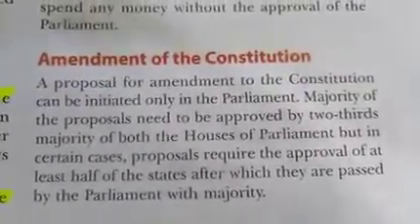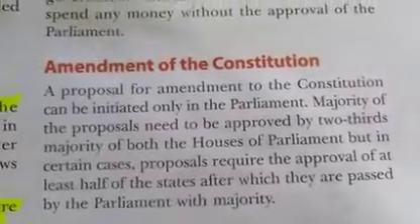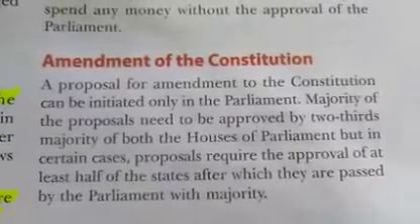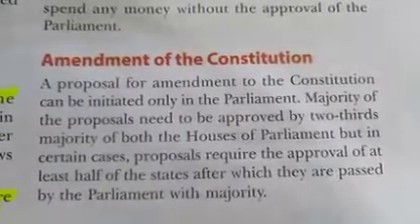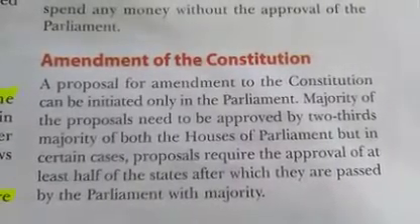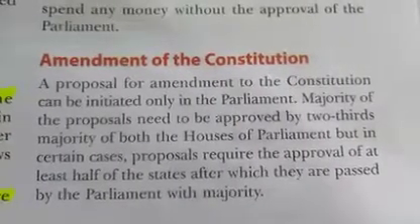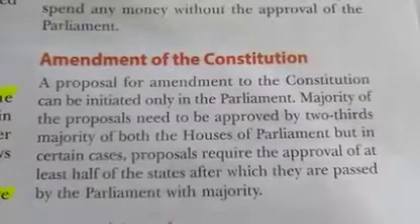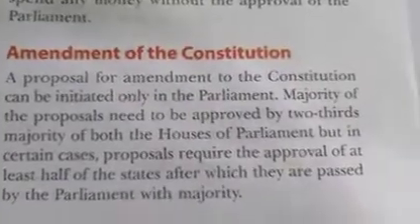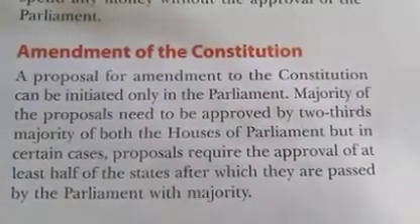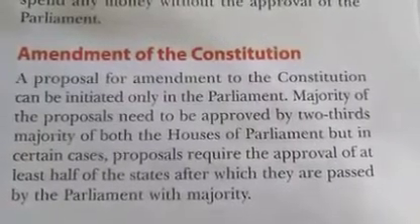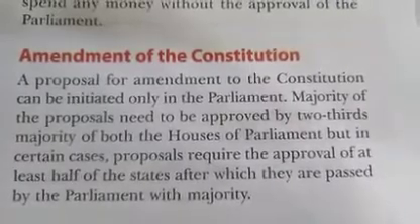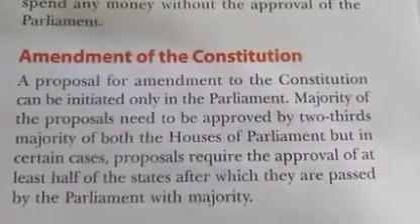So children, you see one thing here: when the people sitting in the ruling party want to amend something in the constitution, they have to introduce the bill and it should be approved by 2/3 majority of both the houses, Lok Sabha and Rajya Sabha. But in certain special cases, proposals require the approval of at least half of the states. Got it? After which they are passed by the Parliament with majority.